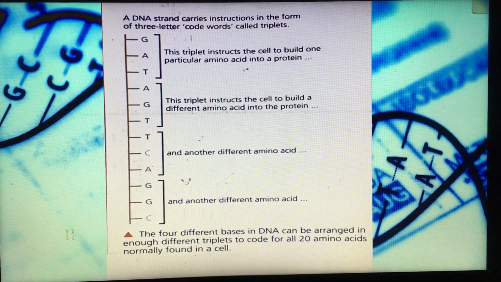Okay, now I'm going to show you a little bit about the genetic code. So what I have here is the left half of a DNA molecule. And if I ask you to complete the right side of the DNA molecule, you should be able to fill in the bases that would bond in the complementary base pairing.